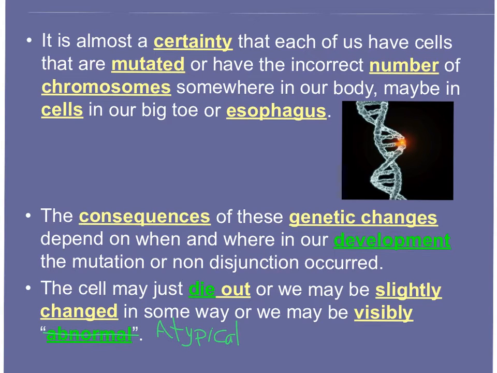And this might express itself as appearing to be a little bit atypical. And there's lots of different ways this can be expressed in terms of what you actually see in an individual. These errors can and will cause what we know as just genetic disorders.